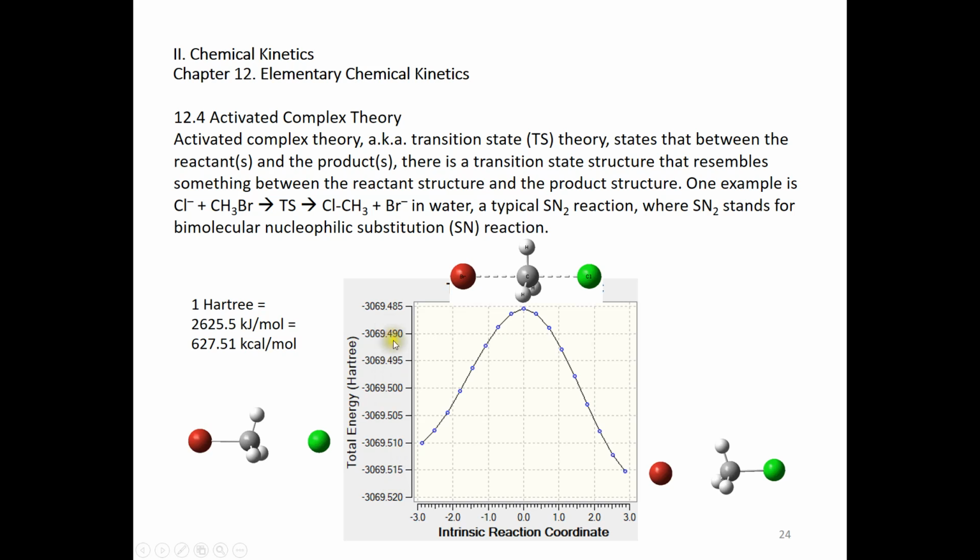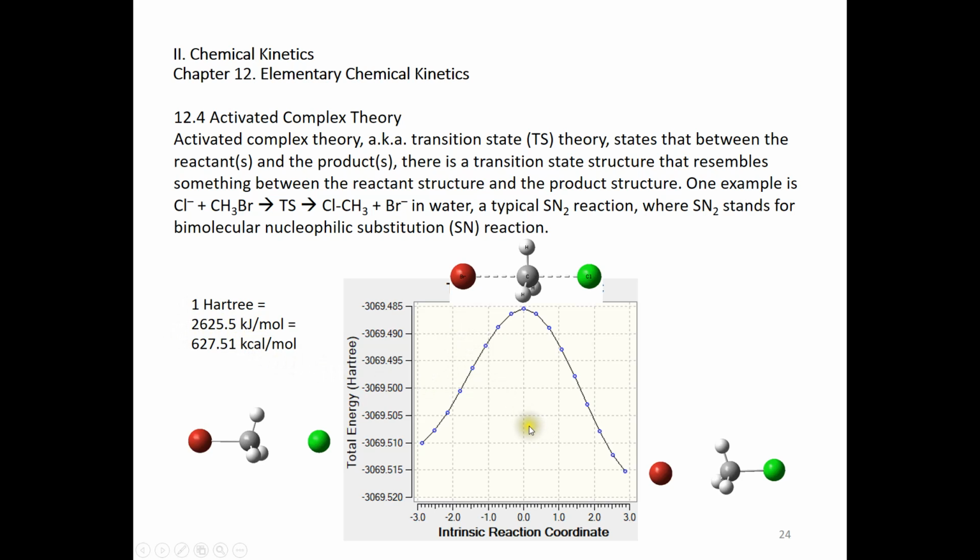In the vertical axis we have the energy of the three species: reactants, transition state, and product. But those are in a unit of Hartree. One Hartree is 2,600 kilojoules per mole, or 627 kilocalories per mole. So even though you can see the energy difference looks small, you need to multiply that by 2,600 to convert it to kilojoules per mole.